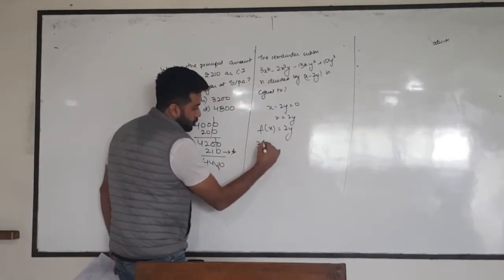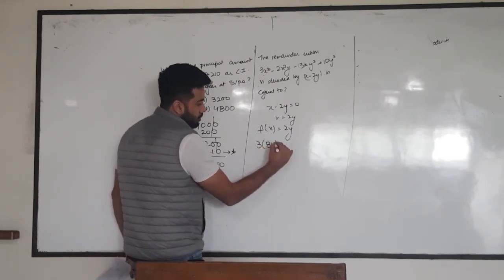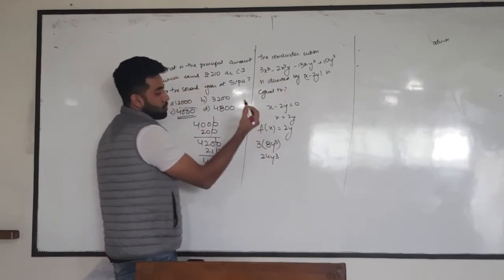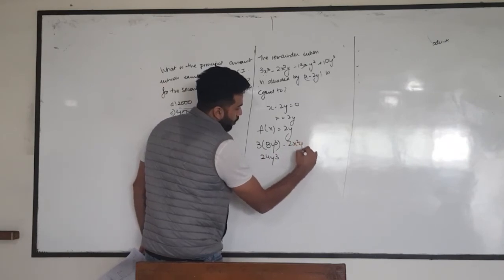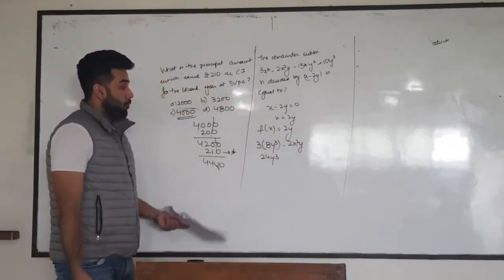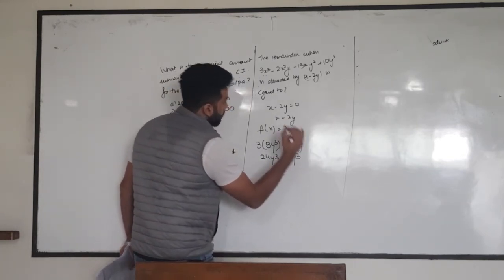Now 3x cubed: 2 cubed is 8, with y cubed, so I write it down as 24y cubed. Next, 2x squared y: 2 into 2 squared is 4, 4 twos are 8, it becomes 8y cubed.